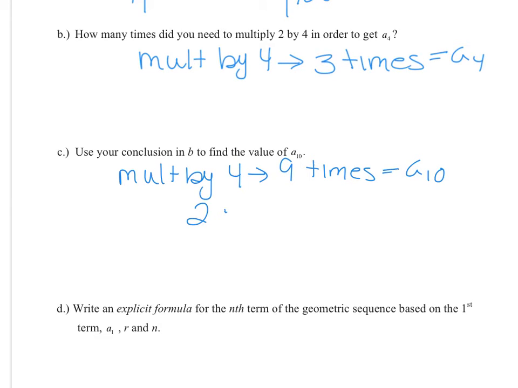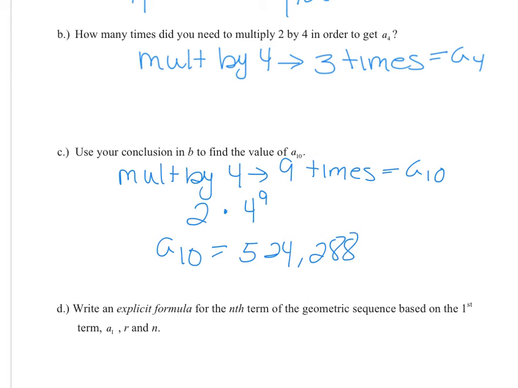Not 4 times 9, it's 4 times 4 times 4 times 4. Well, I don't really want to write it all out like that, so I'm going to write it as 4 raised to the 9th power. Doesn't that mean the same thing? It's easier to put in the calculator that way. So a sub 10 then comes out to be, quickly in your calculator, what do you get?